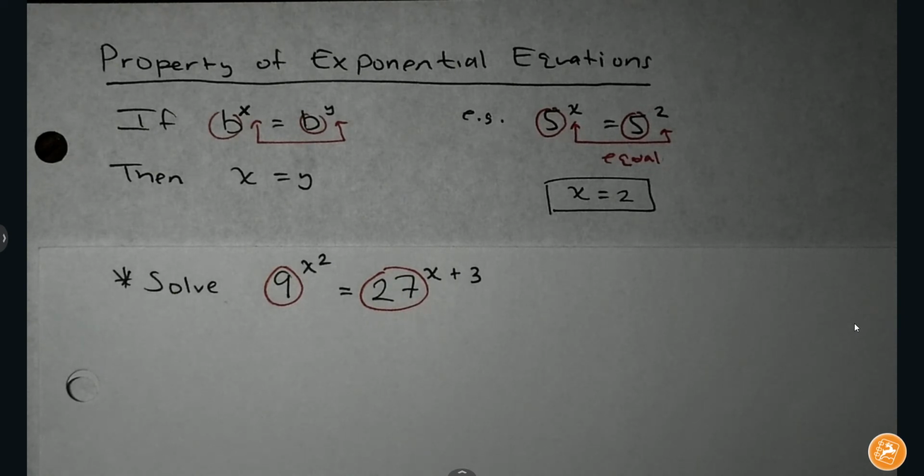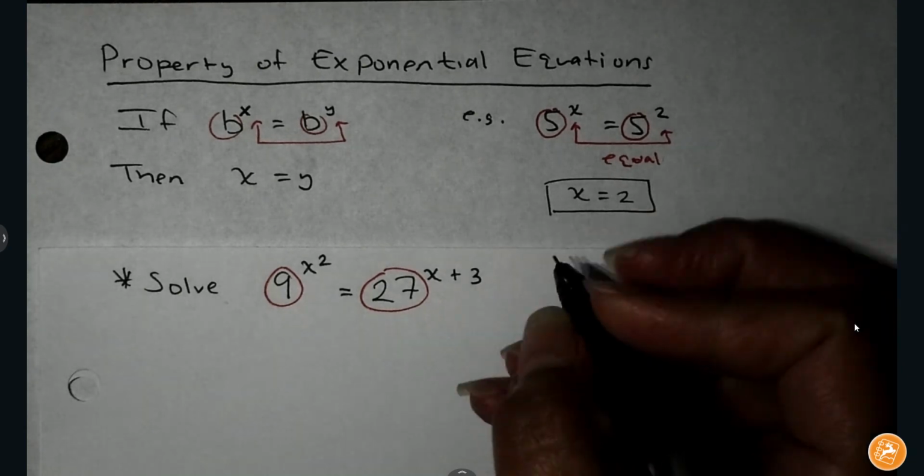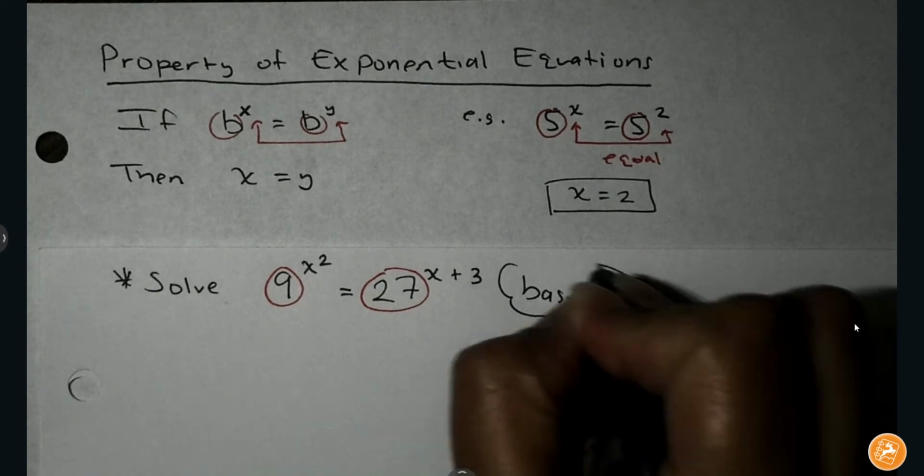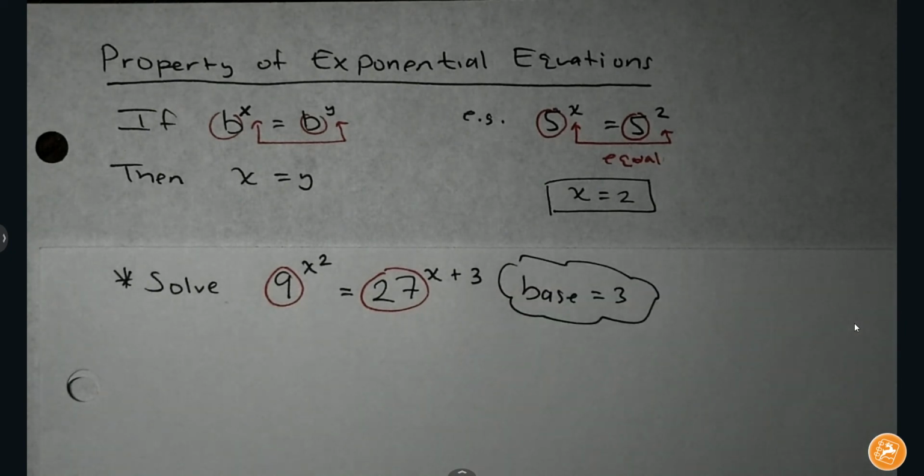And the answer is no, because 27 is not a power of 9. But if we keep our cool, we realize that 9 is a power of 3. 27 is also a power of 3. So we are going to try to fix it so both the left side and right side are in terms of powers of 3, or we just say base 3.